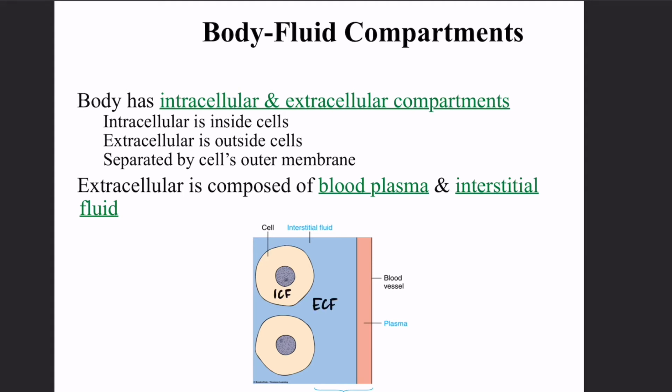But our extracellular fluid is actually made out of two different components. We have fluid that is found in our blood, which is our blood plasma. And then we have our actual extracellular fluid that is outside of our cells, which we also call interstitial fluid. So there's two components there.